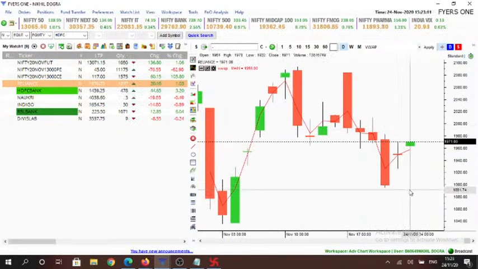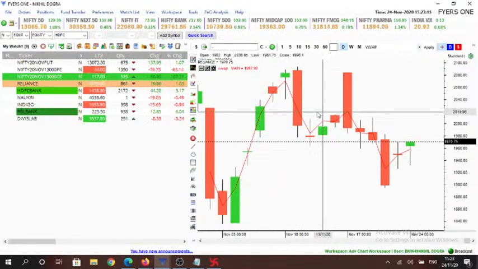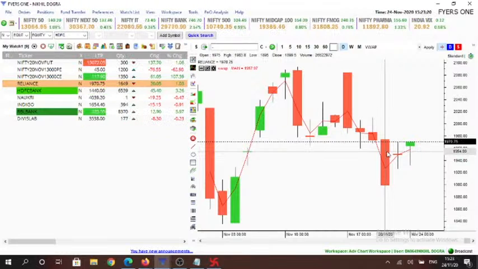Yep. So the inside candle has broken to the upside. This can potentially trade towards 1984 by tomorrow most likely.